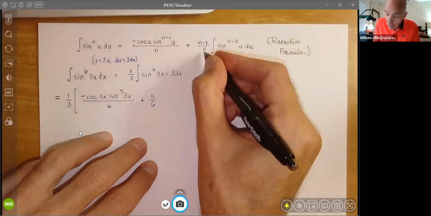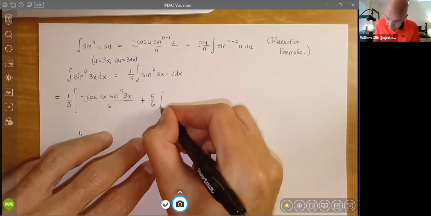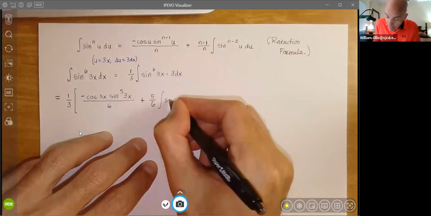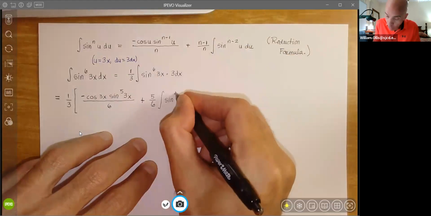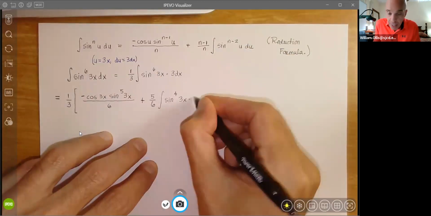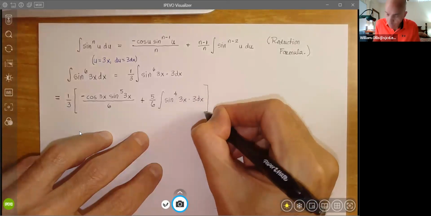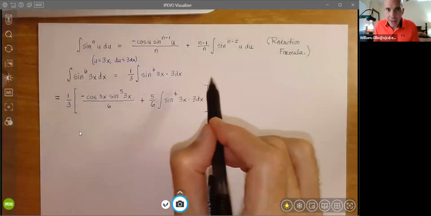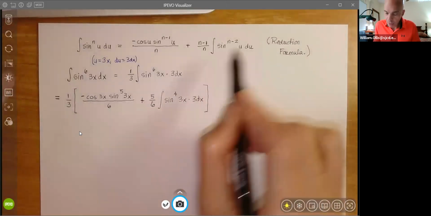So now we have 5/6. Now n minus 2 will be 4. So we have sine raised to the fourth power of 3x, 3 dx. That's always our u. And then we close that off. So one pass of the reduction formula gives us this.